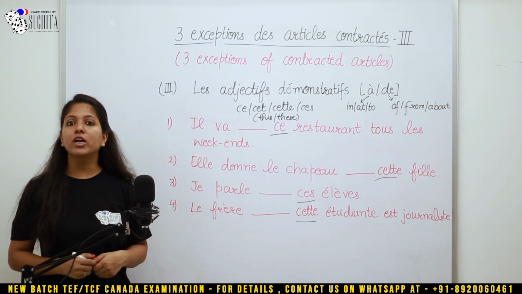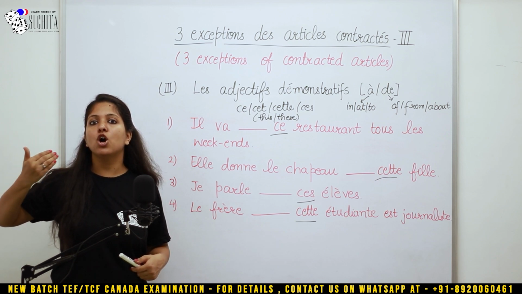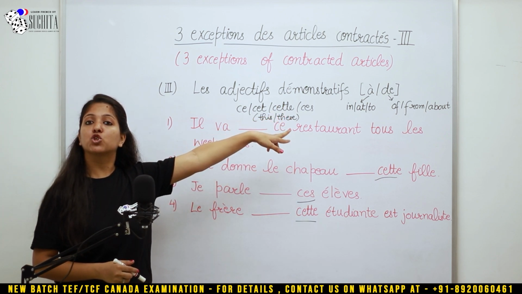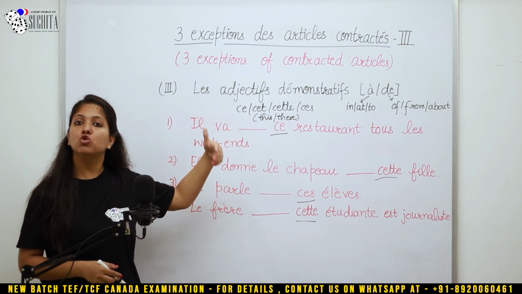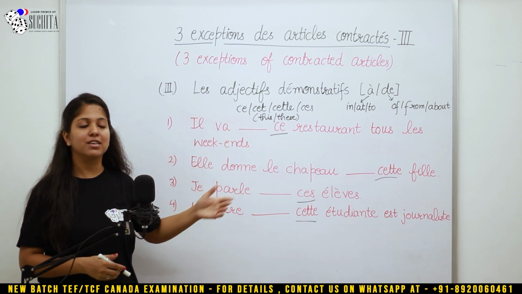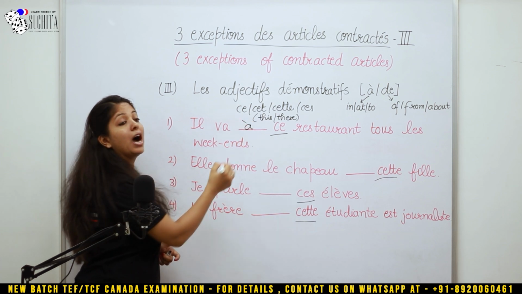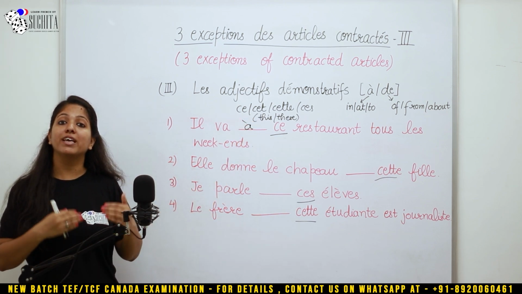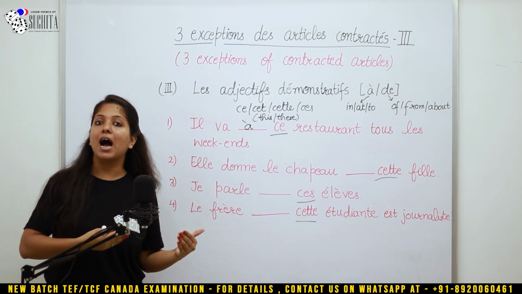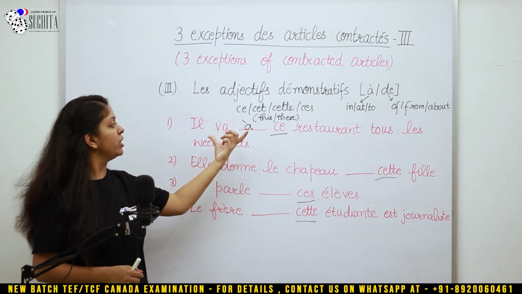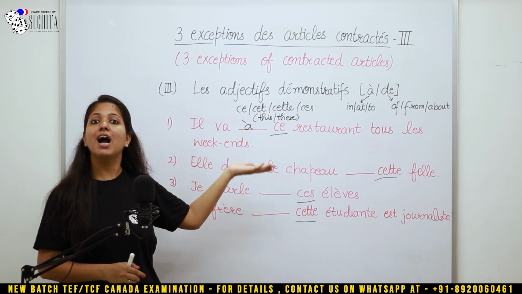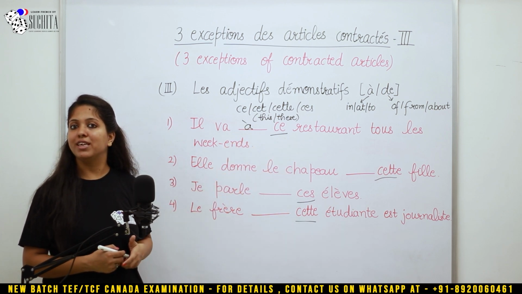So that means you will not apply le, la, les or l'apostrophe to these prepositions à or de. You will simply say he goes to this restaurant every weekend. So à, that depends upon the meaning. If you want to say in, at or to, you will say à, or if you want to say of, from or about, you will say de. So he goes to this restaurant. Il va à ce restaurant tous les weekends.